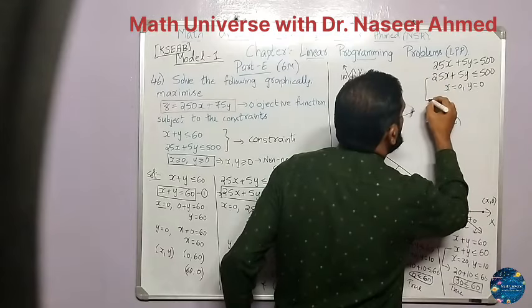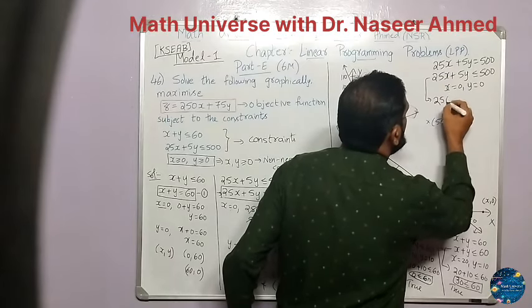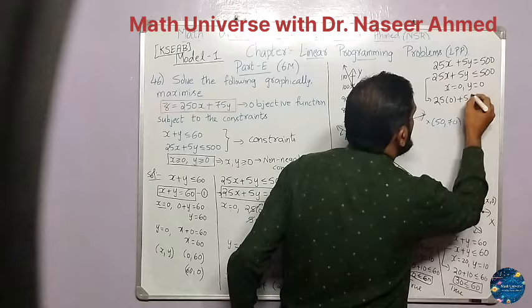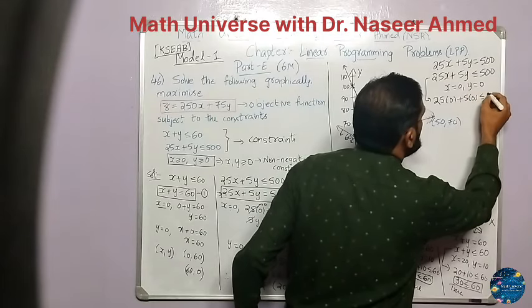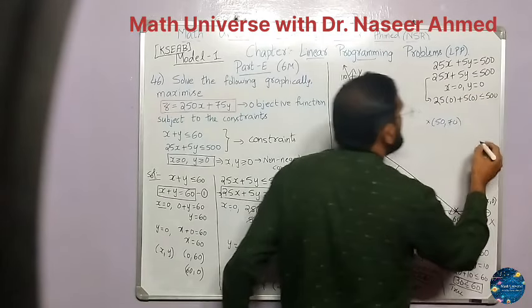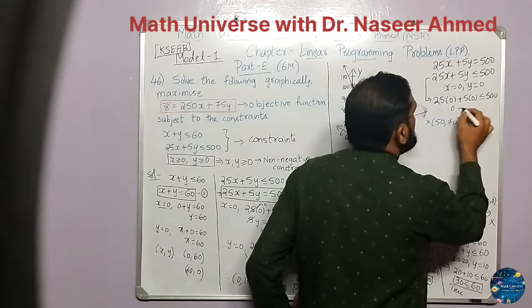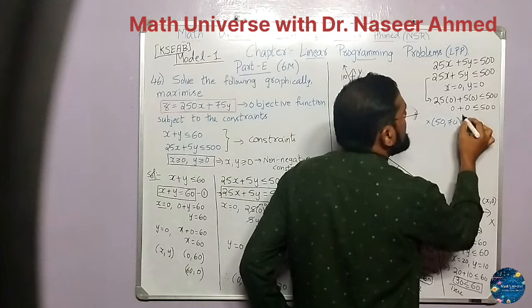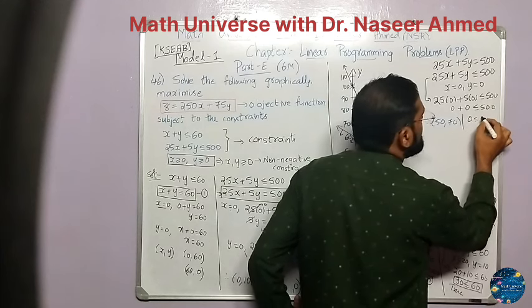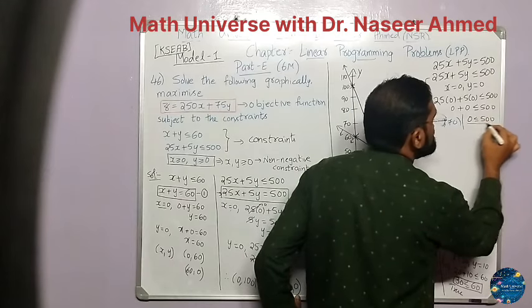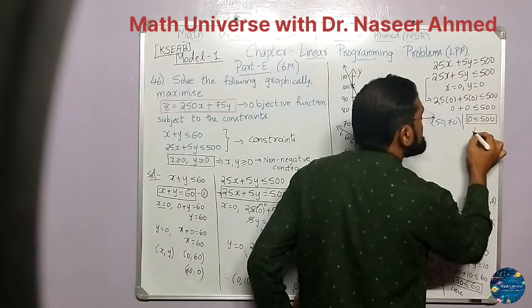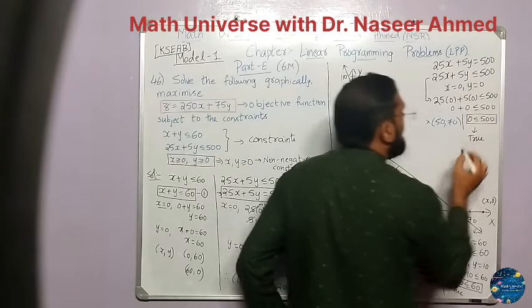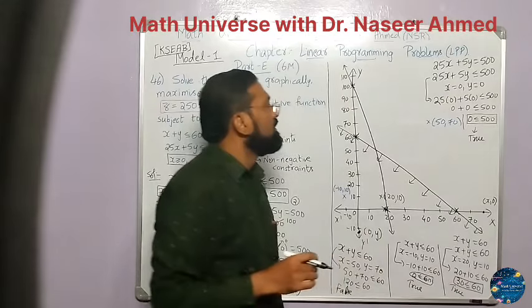So this will become 25 times 0 plus 5 times 0 less or equal to 500. 25 into 0 is 0, 5 into 0 is 0, 0 plus 0 is 0, 0 less or equal to 500. Is this true? Yes, it is true. Therefore, I have to shade the same side.